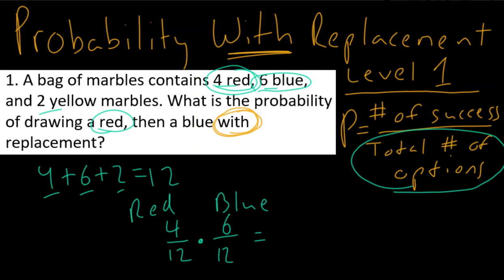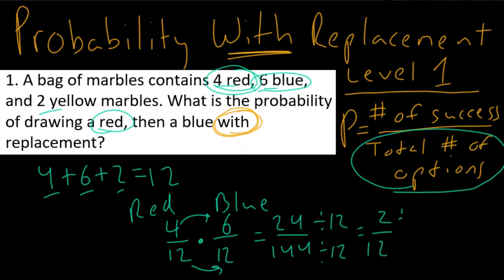Now we can multiply this in a calculator, or we can multiply this by hand. I'll show you two different ways. One, how do we multiply fractions? We do top times top, so 4 times 6 is 24, and bottom times bottom, 12 times 12 is 144. I know that 24 and 144 are both multiples of 12, so I can divide both by 12. 24 divided by 12 is 2, and 144 divided by 12 is 12.